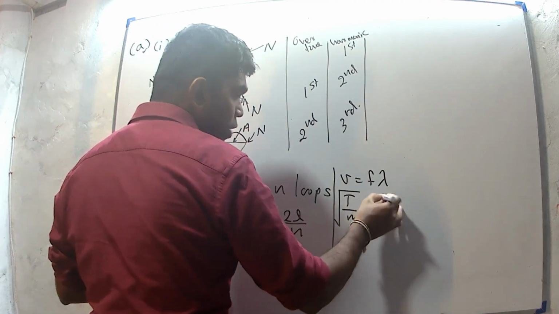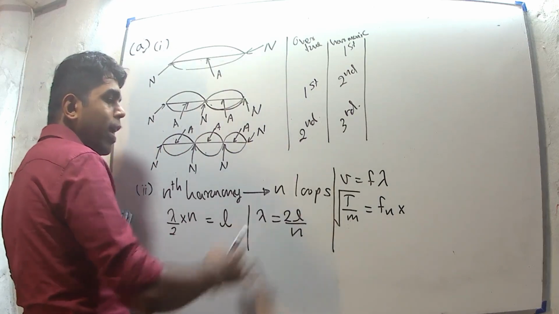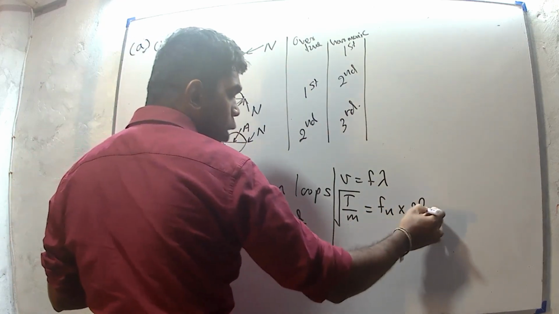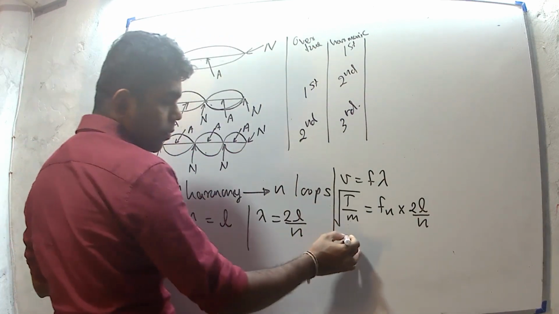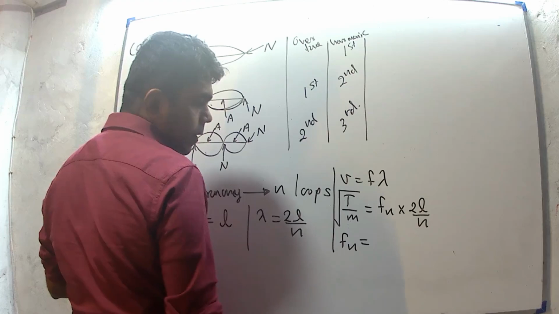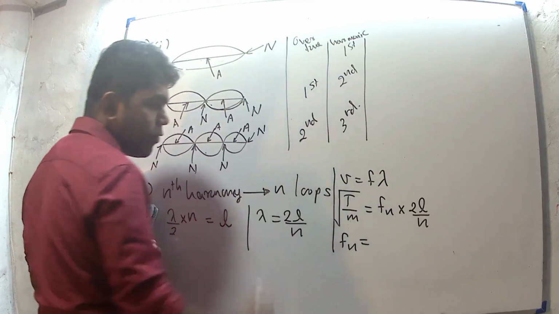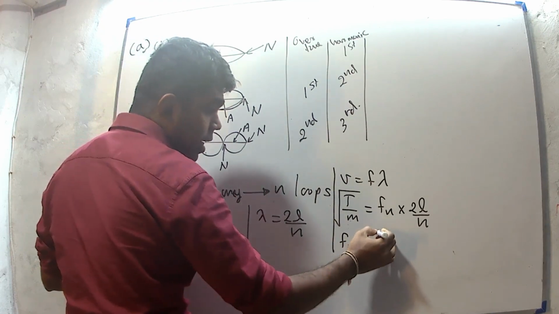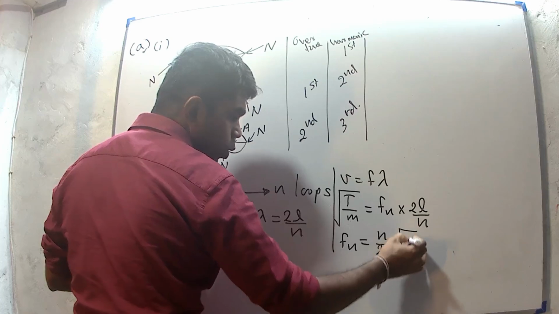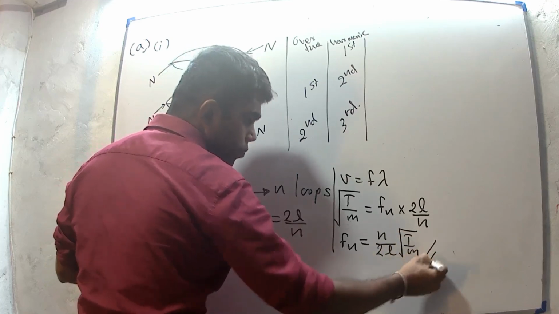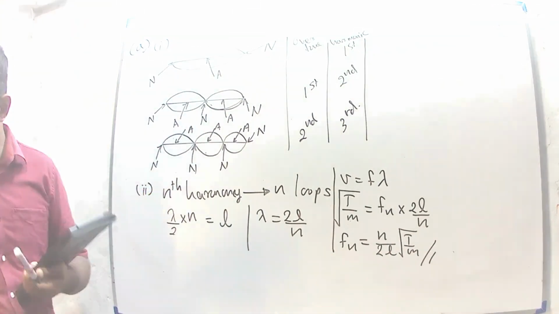The frequency is Fn. We can substitute lambda value 2L over n. Then we make Fn the subject: Fn equals n divided by 2L into root T over m. It is the frequency for the nth harmonic.